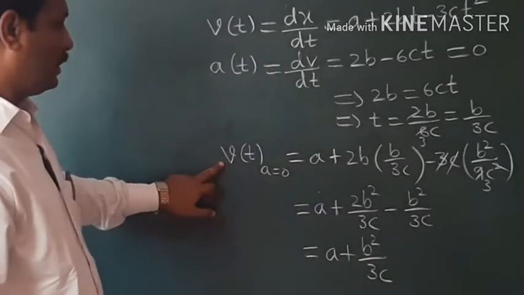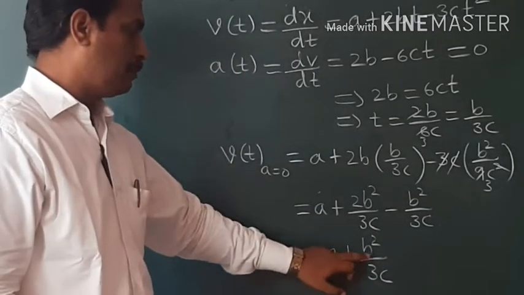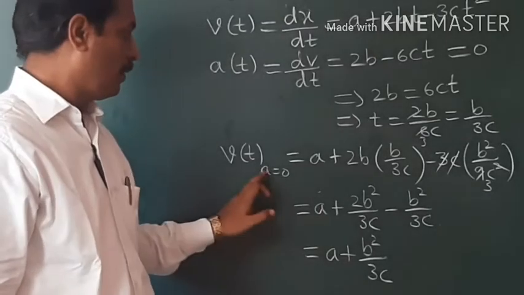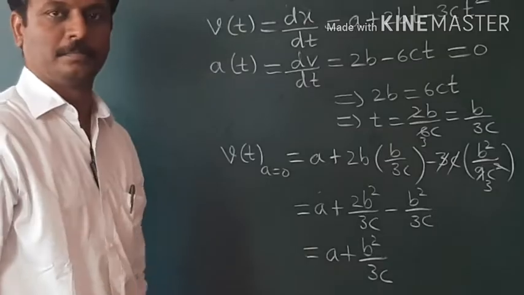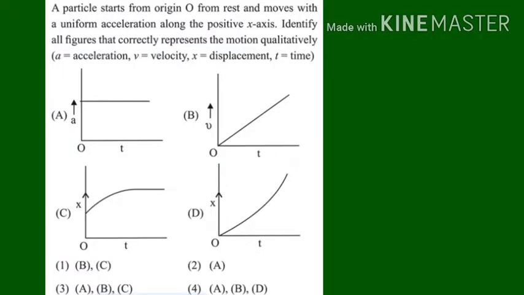So velocity is equal to a plus b square by 3c and acceleration is 0. This is the answer.